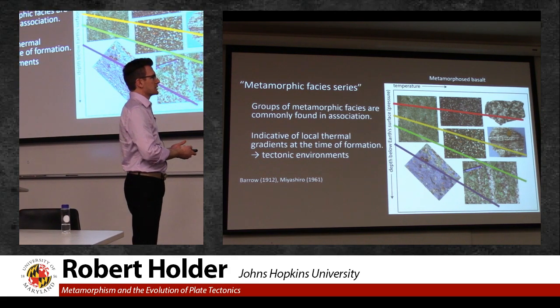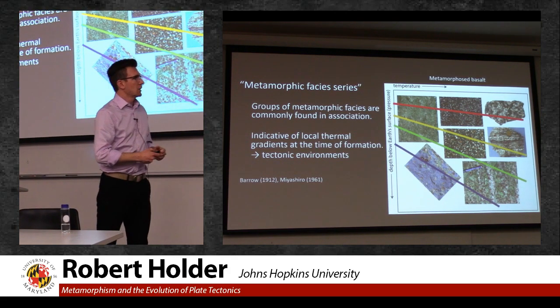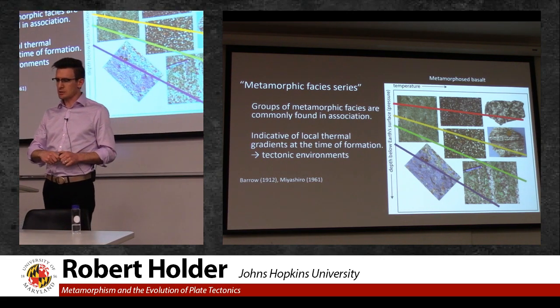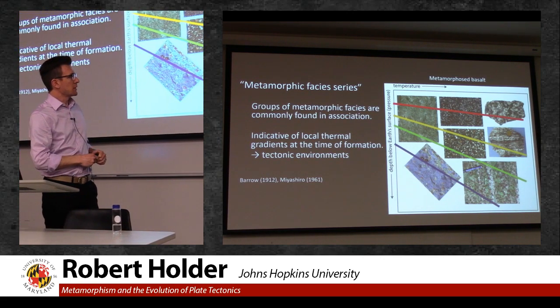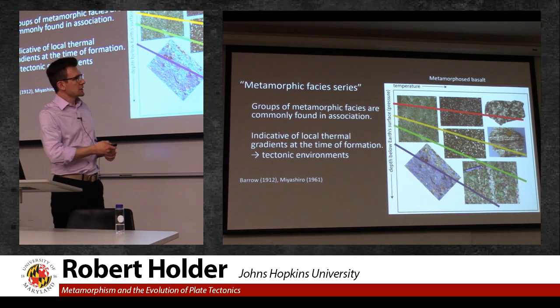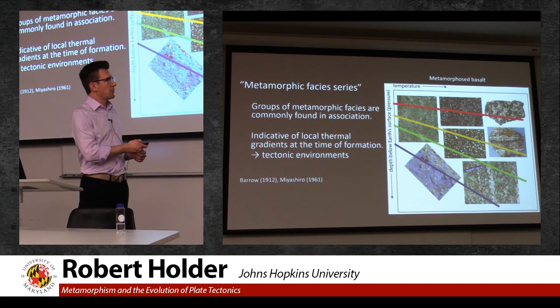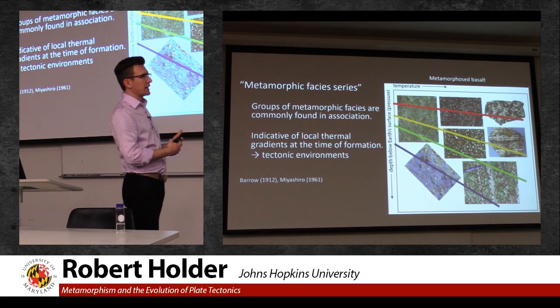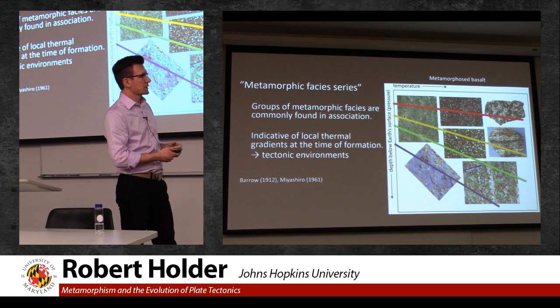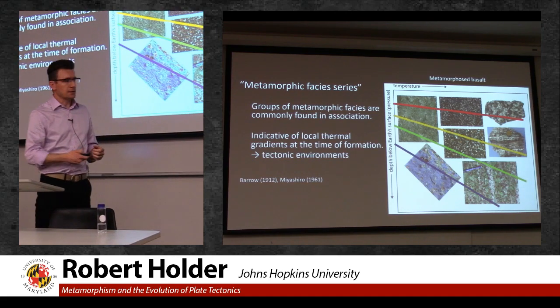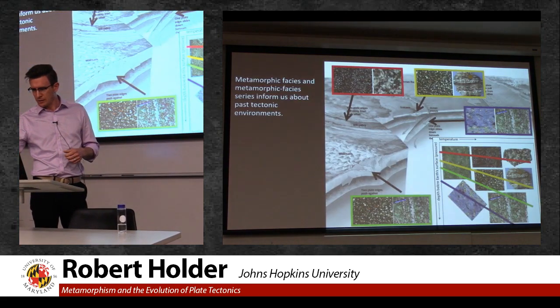So these metamorphic facies don't occur randomly, but they occur in some spatial associations, and we call those associations metamorphic facies series. And these give us a first-order idea about what the local thermal gradient was, or the range of thermal gradients that typified a particular tectonic environment at the time of that metamorphism.